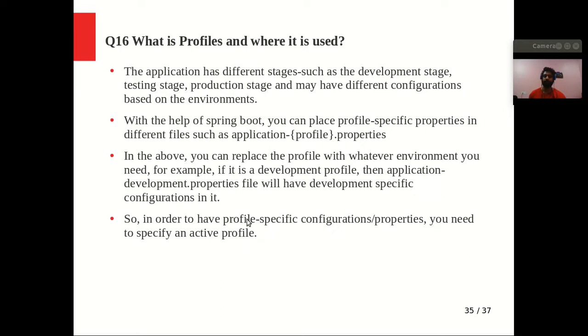In order to have the profile-specific configuration properties, you need to specify an active profile, as I have shown you in the application.properties file, where we define which profile you want to use. So this is basically the profile component of Spring Boot, which is useful for using different environments in different stages of your application.